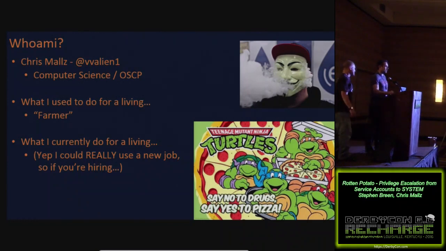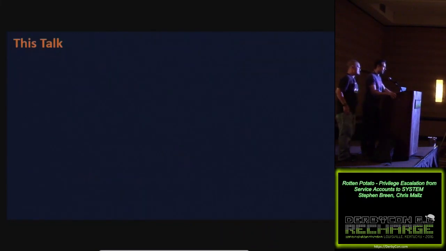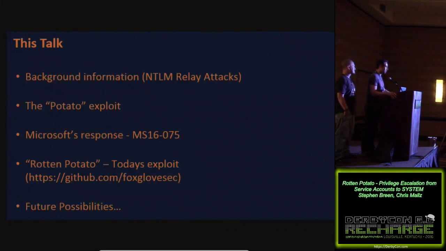We're going to talk a little bit about NTLM relay attacks for people who aren't familiar with them, just to give you some background info because we use them a lot throughout the talk. We get into a lot of detail, but then we'll talk about the Potato exploit, the original exploit that we had released at ShmooCon earlier this year. We'll talk about Microsoft's response to that exploit. It was a bit of a long time coming.